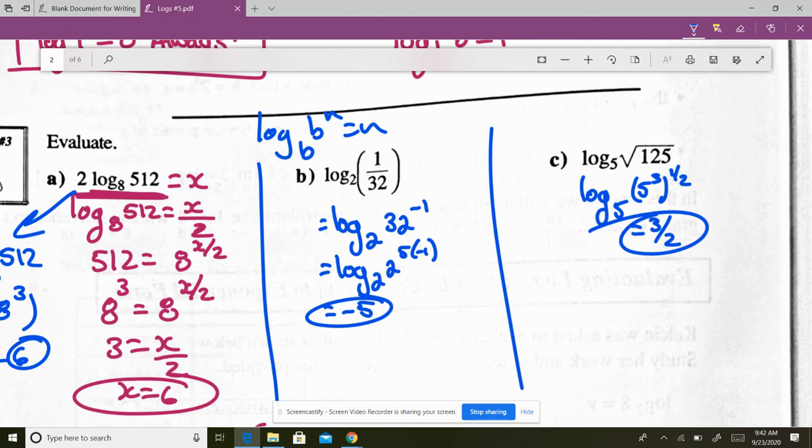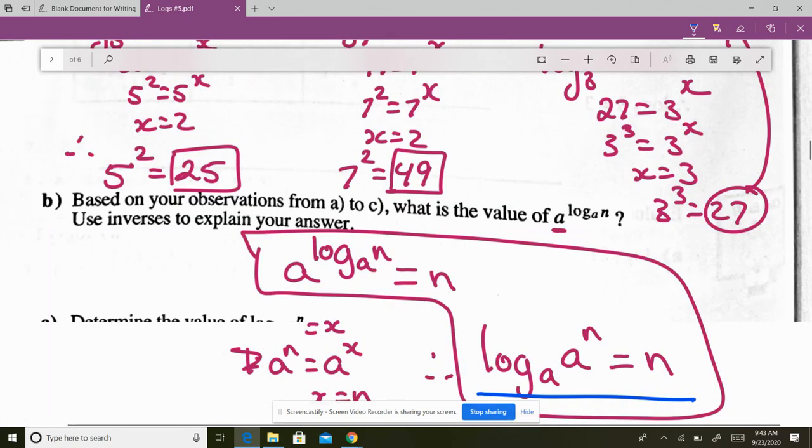Are there any questions about that? Do you want to do a couple more? All right, let's go to page 236.